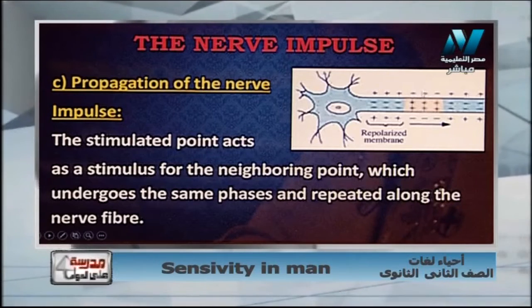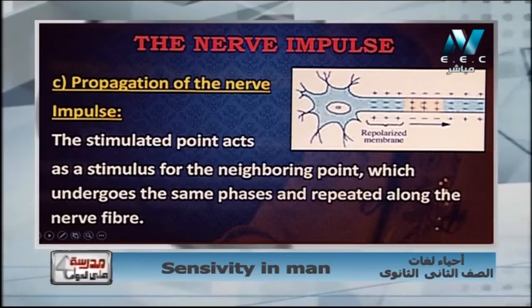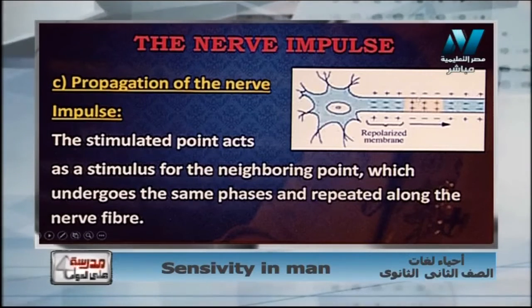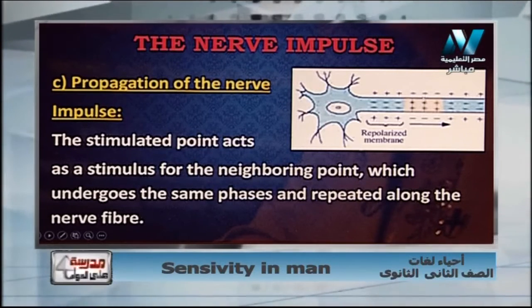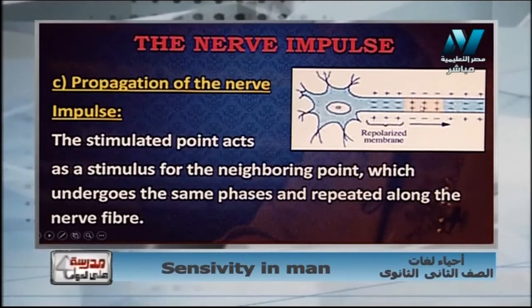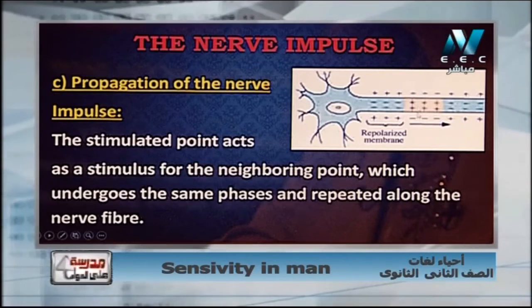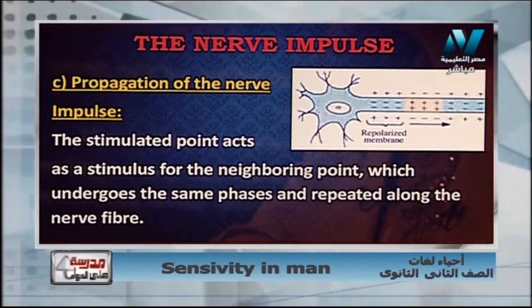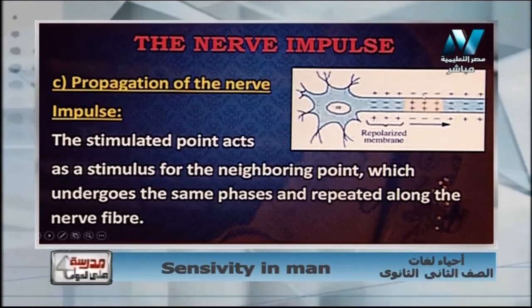Okay, so the second point, or neighboring point, becomes reversed in charges, negative ions outside and positive ions inside. And this is the disturbance that occurs to the next point.